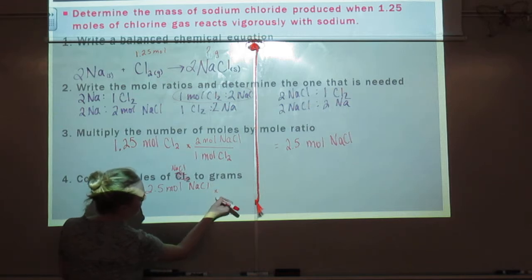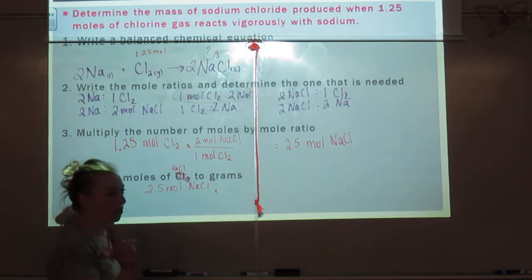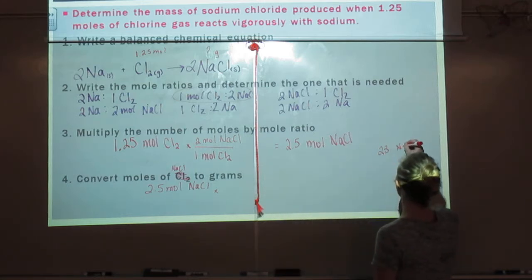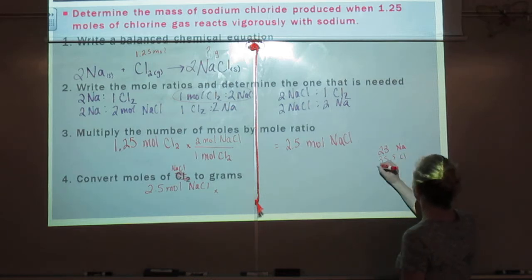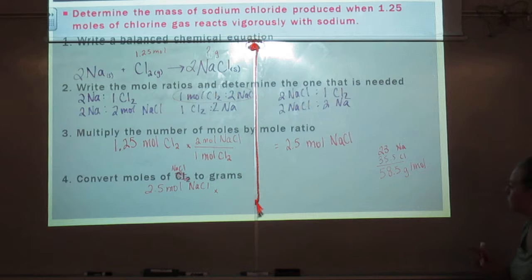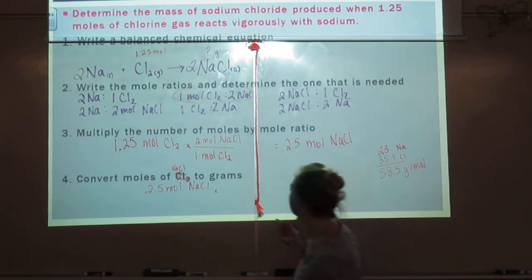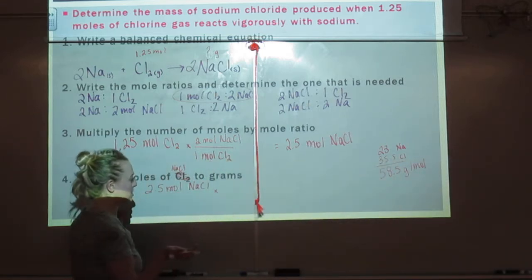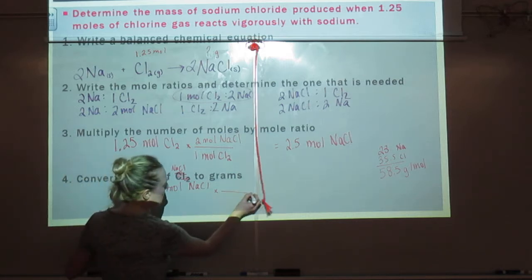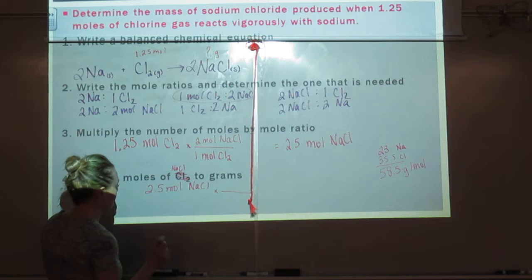And now we can multiply by the molar mass. If you look up the molar mass, we've got 23 for the Na plus 35.5 for the Cl. We get a molar mass of 58.5 grams per mole. So if I'm doing my dimensional analysis like I've been doing the whole way, 2.5 moles of NaCl, and you can look on your blue sheet as a reference too.